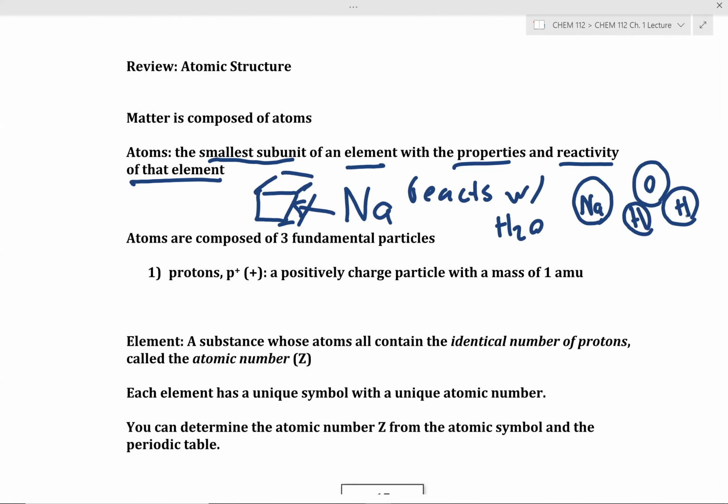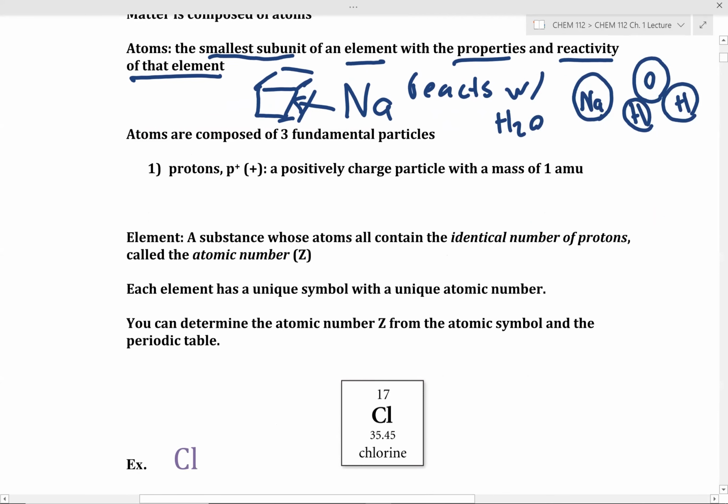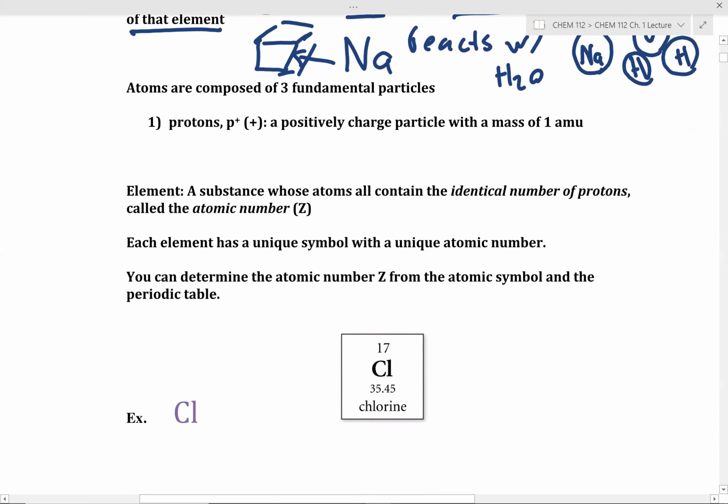Yes, and that's a fundamental principle of an atom. It's the smallest subunit of an element with the properties and reactivity. Now, this is not to say that atoms cannot be divided into smaller fundamental particles. Atoms themselves are composed of 3 fundamental particles.